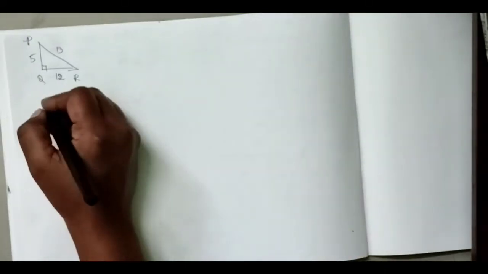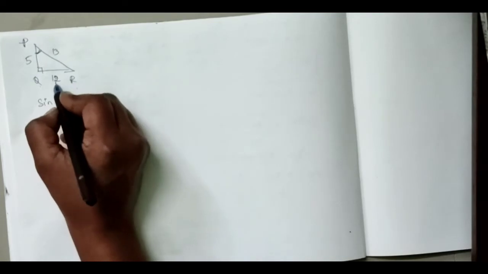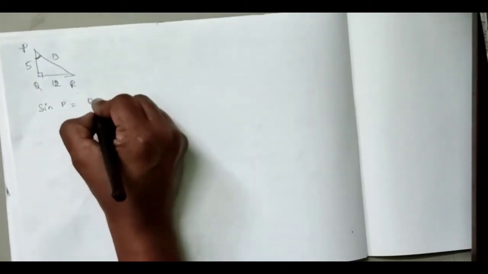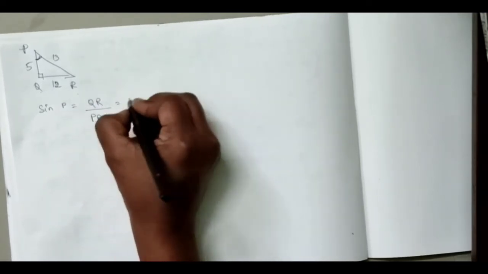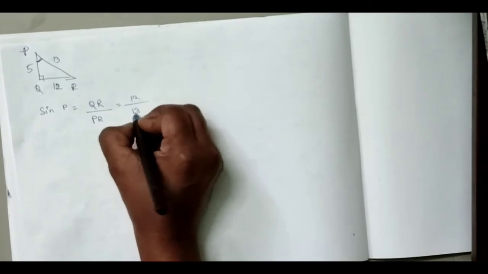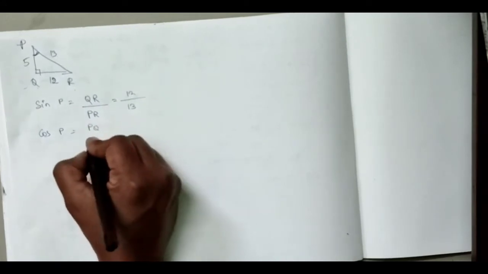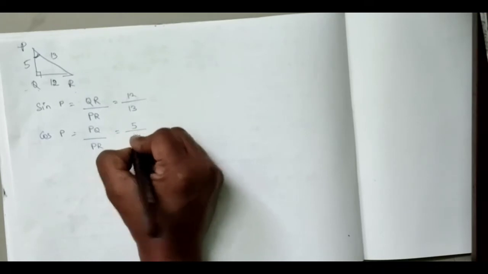Moving on, let's assume this angle P. Sine P will be opposite QR divided by the hypotenuse PR, which is 12 by 13. Cos of P is going to be adjacent divided by the hypotenuse, that is PQ divided by PR, which equals 5 by 13.